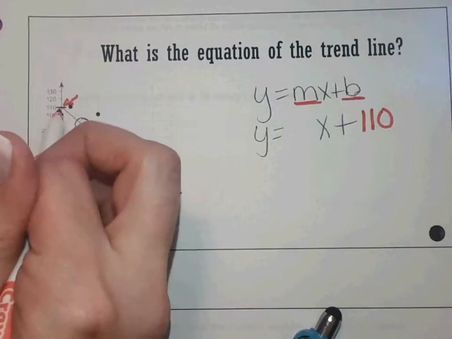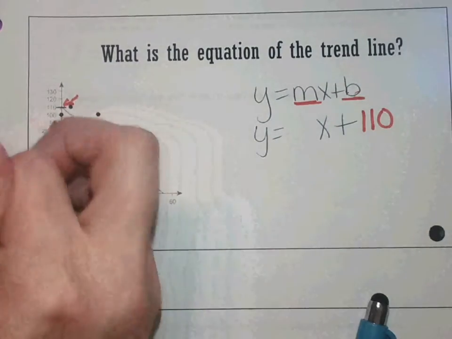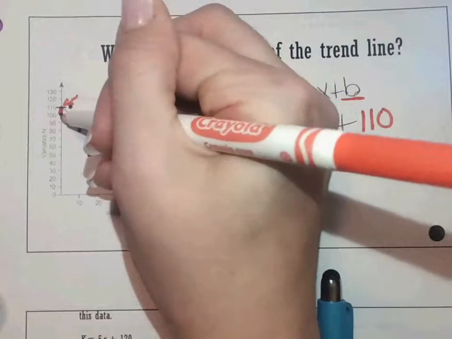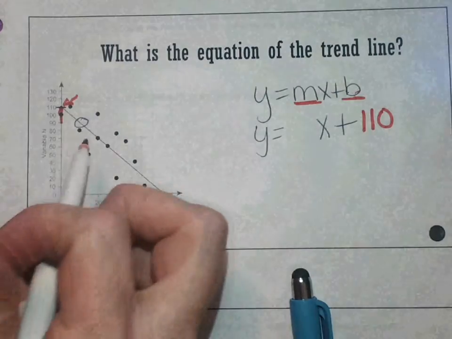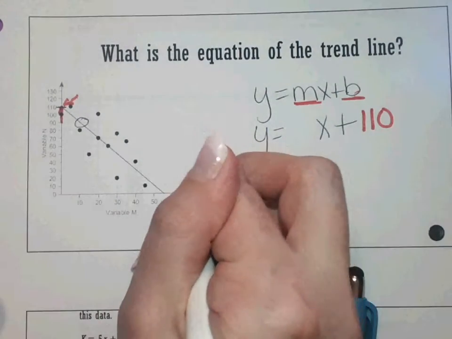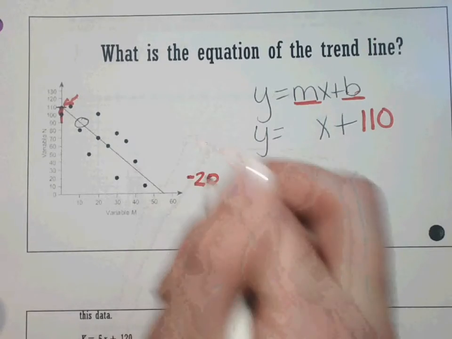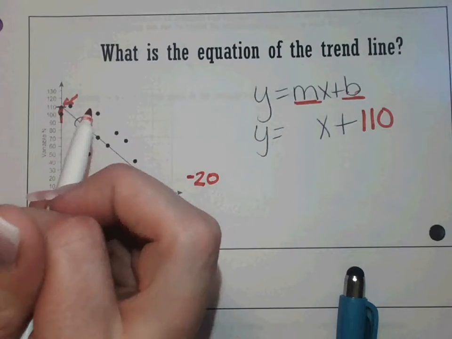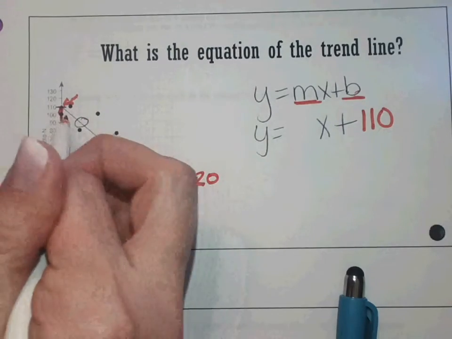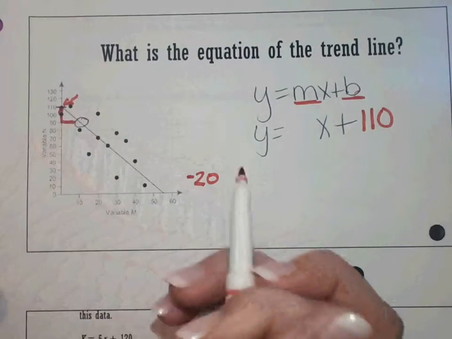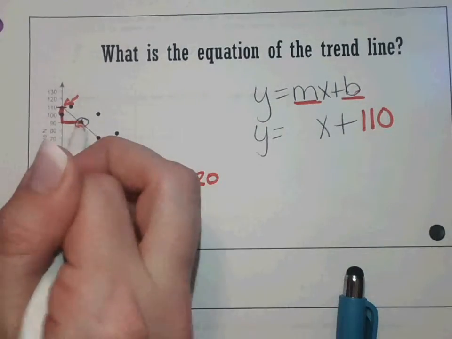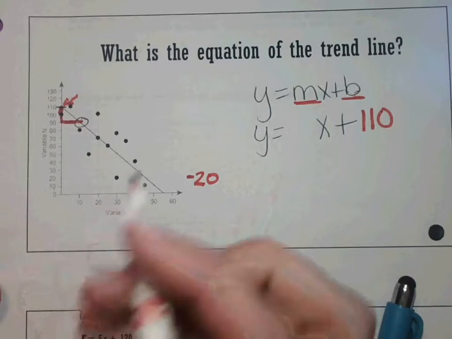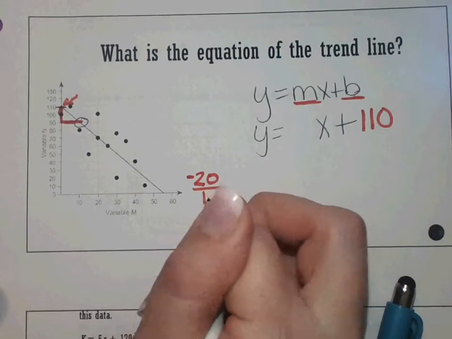So I'm going to find the slope. Remember, slope is rise over run. So I'm going to rise. I'm going down here. I'm going down 10, 20. So I've got 20. And since I went down, that's negative. And now I'm going to run. I'm going to run 10, because I'm looking down here, and it says that I ran over 10.